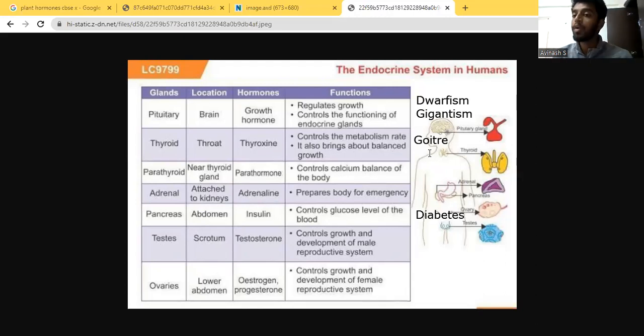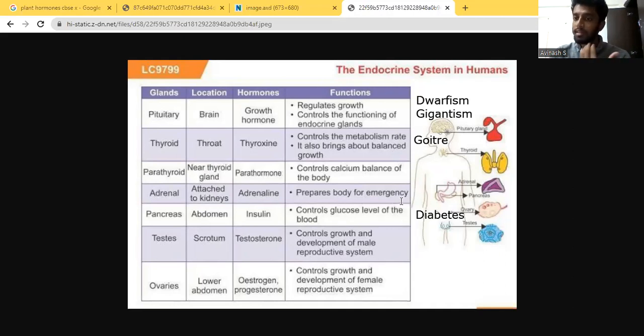If it is secreted in very high quantity, the person will become very tall. It should be maintained in a range. You know The Great Khali? He has gigantism. These are the examples. Similarly, if thyroxine is not produced in proper quantities, it leads to goiter. Likewise, we have something for each and every one of them.